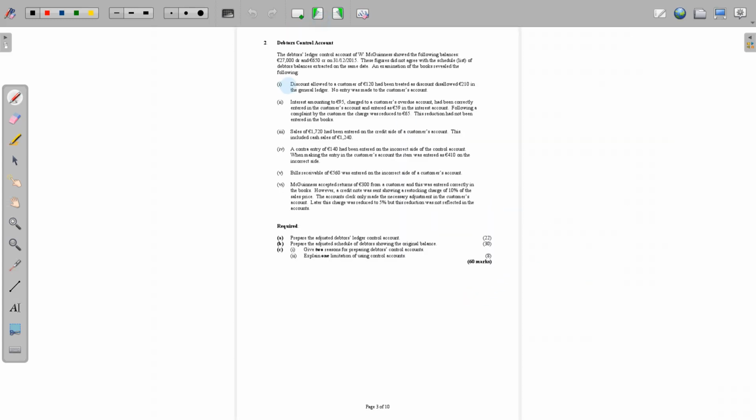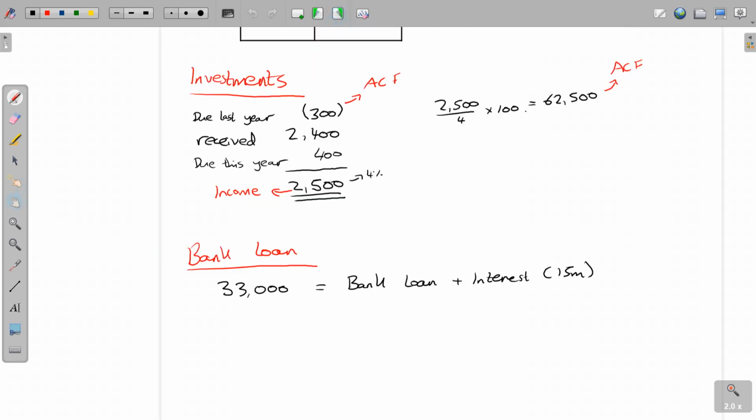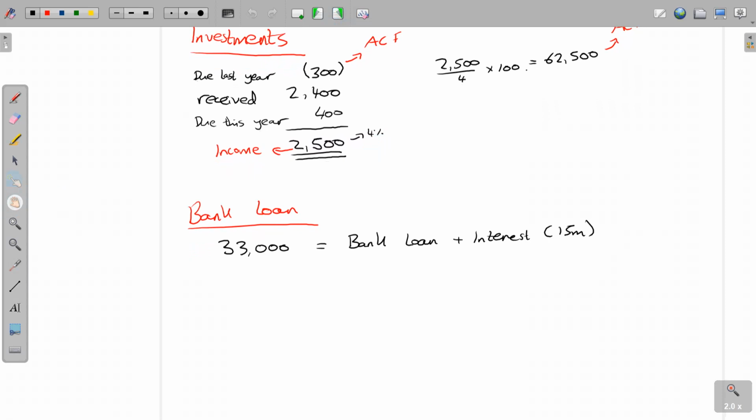When we're doing the income and expenditure part of the question, we're only interested in this year. So we know that interest is 8% per annum, and we've paid interest for 15 months. So what I would do is get that 8 divided by 12 and multiply by 15 months.